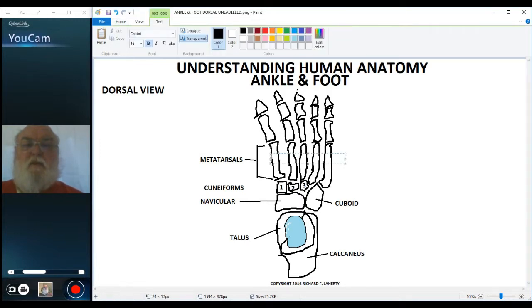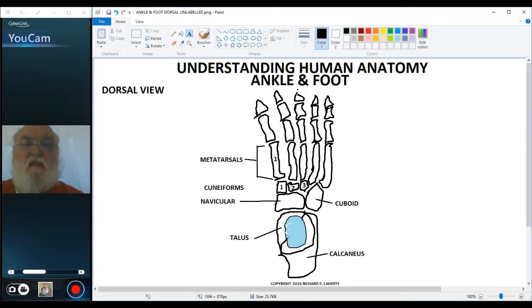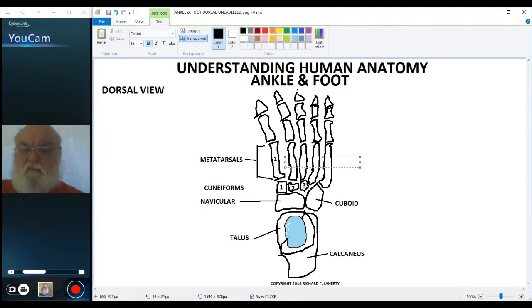So we have the first metatarsal, the second metatarsal, the third metatarsal, fourth, and the most lateral one being the fifth metatarsal.